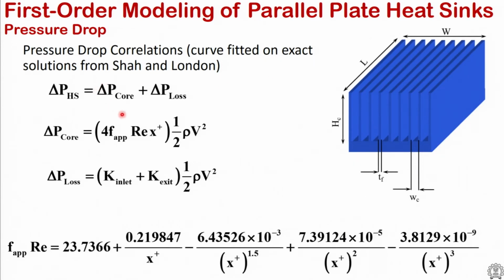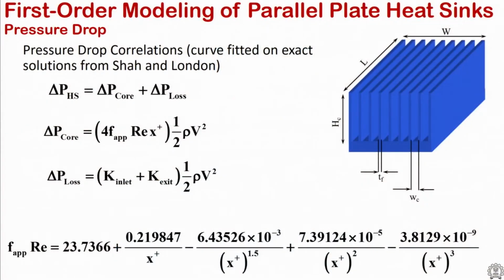And then there are losses because the flow comes from a larger duct and gets contracted to a smaller duct between the fins. That is the so-called contraction pressure drop, and this typically happens at the inlet of the heat sink, and at the outlet a smaller duct expands to a larger duct, that is the expansion pressure drop. So those expansion losses are to be accounted for.